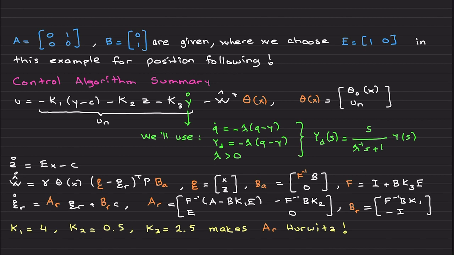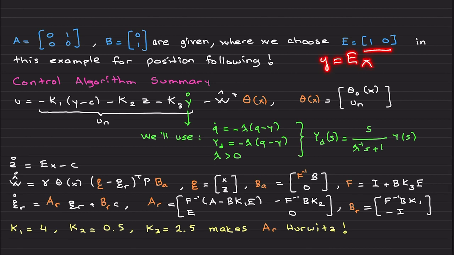All right, so in this example, A and B are given from the state space, and actually nothing is known about the system, so we have this empty looking canonical form. We are going to choose E to be 1, 0, because 1 represents the first state, right? You have Y equals EX.